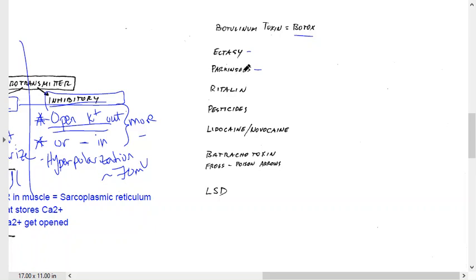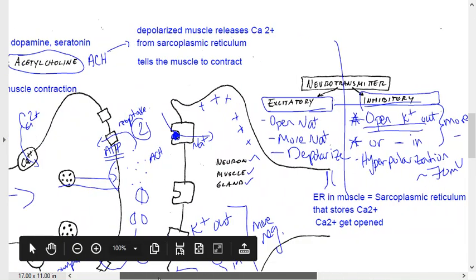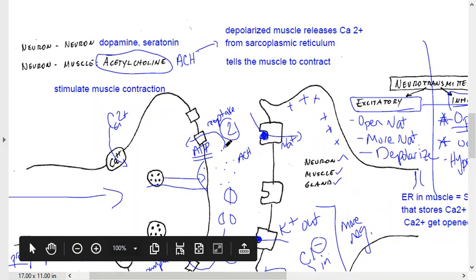For Parkinson's, you have a lack of dopamine, so we use drugs to block reuptake of dopamine. Ritalin inhibits the reuptake of dopamine and norepinephrine, which causes them to linger in the synapse for longer.